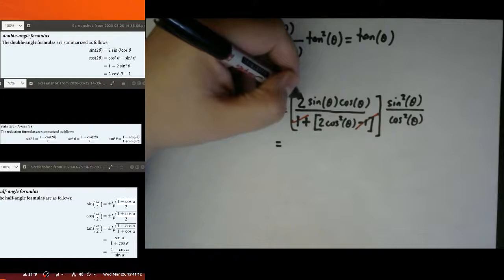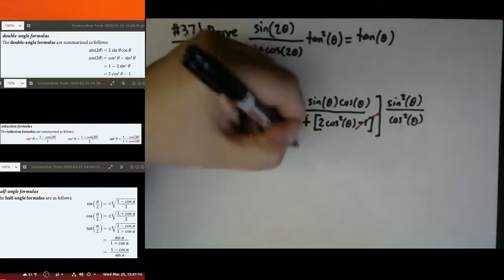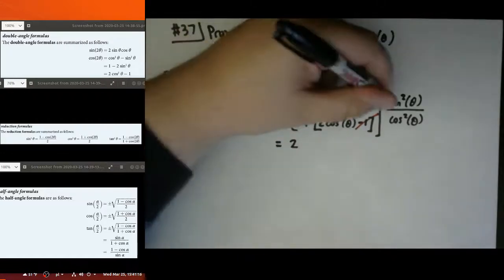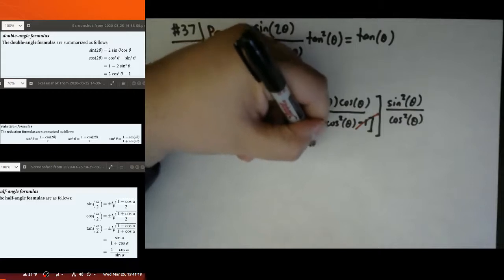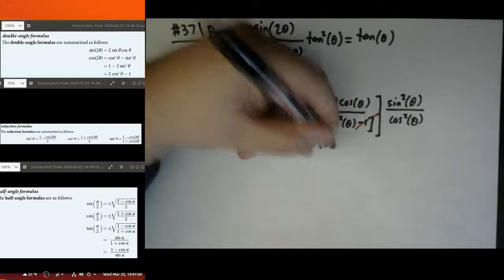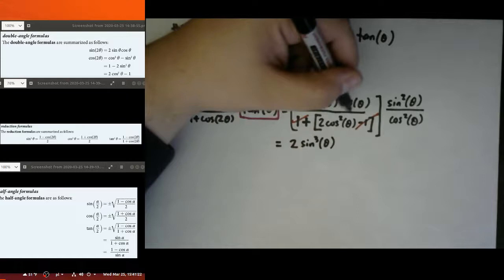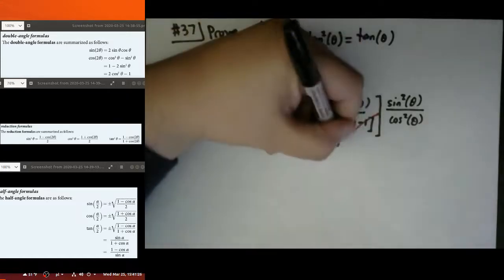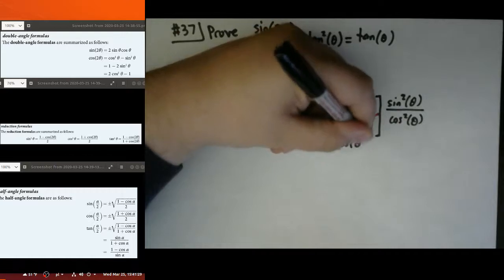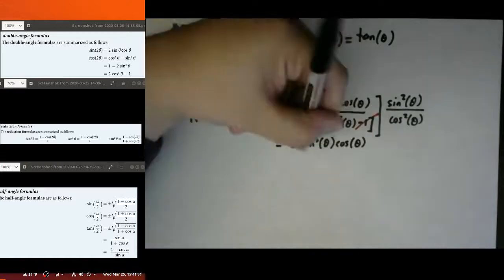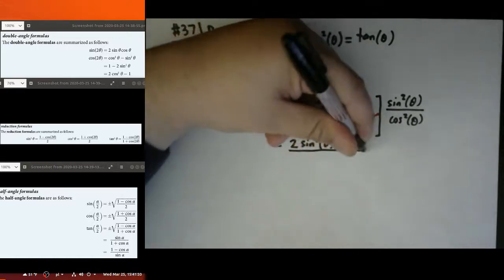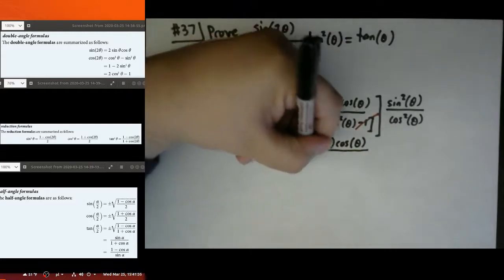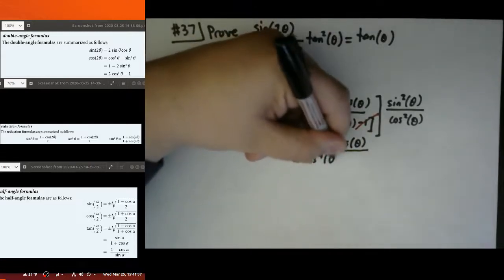So I have 2 on top. I have a sine theta and then a sine squared theta. So really I have a sine cubed theta upstairs. Then I have a cosine theta upstairs.